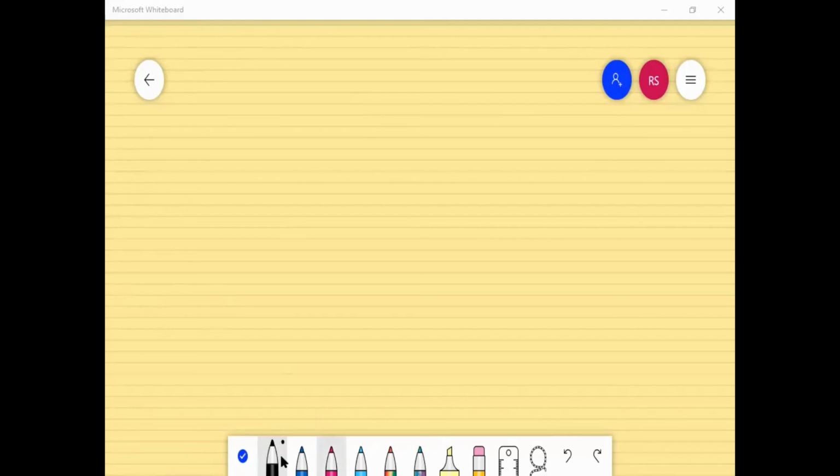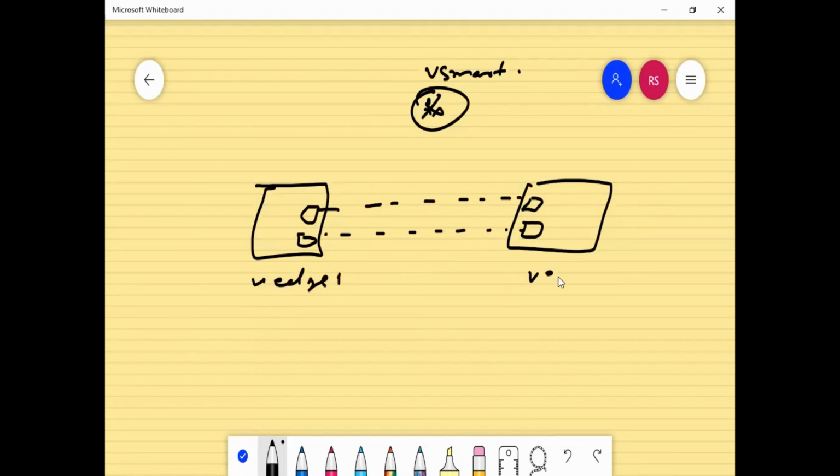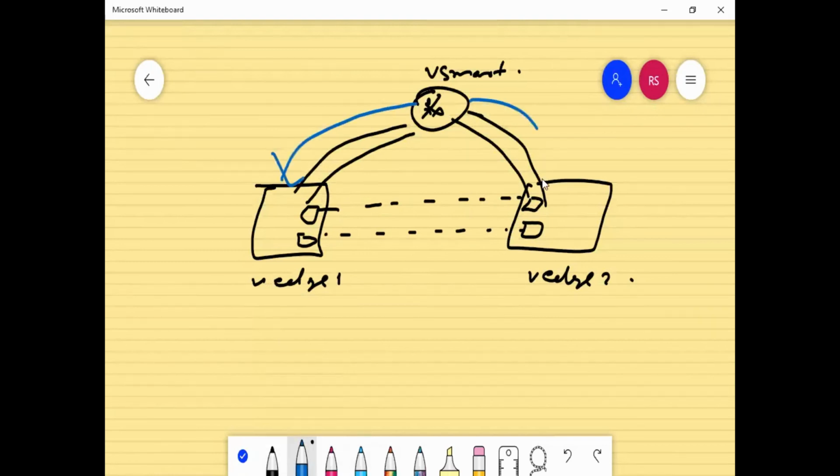So let me make the diagram. If you talk about your SD-WAN, let us say there are two WAN edge devices, and this is your vSmart. These edge devices are creating an IPsec tunnel between the two WAN edge devices, maybe vEdge 1, vEdge 2. Of course, this is your DTLS tunnel, and all of the control plane information goes over there.